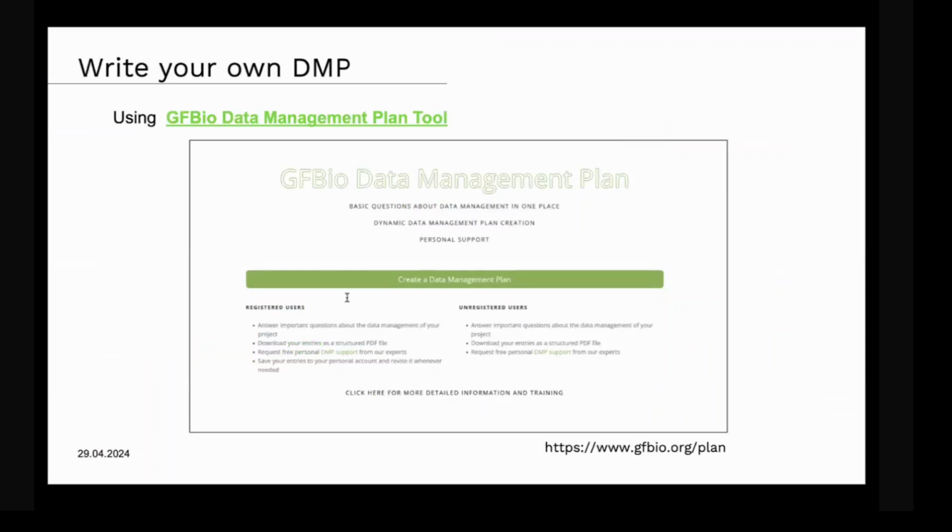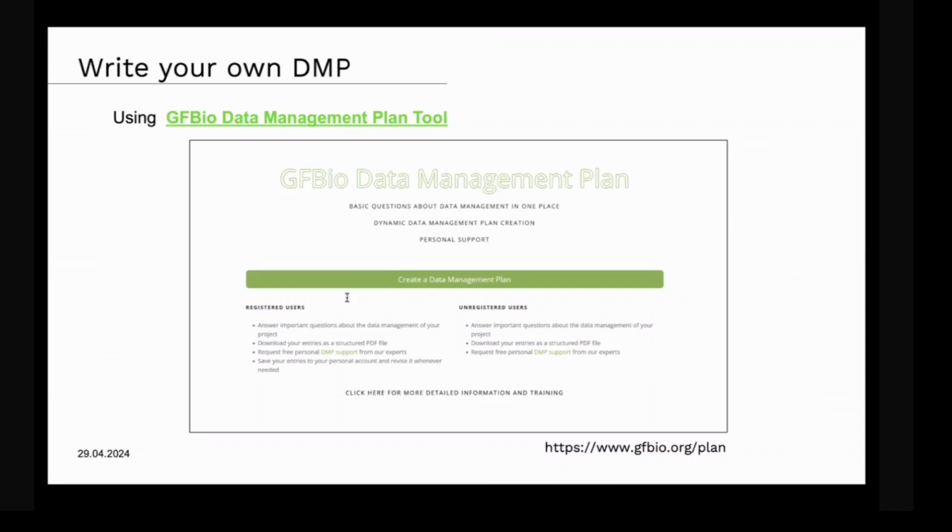And I still have about 6-7 minutes, which I would like to use to talk very shortly about how we as a GFBio association offer a data management planning service, so support with writing DMPs for biodiversity, ecology, environmental science inside the NFDI for Biodiversity Network.